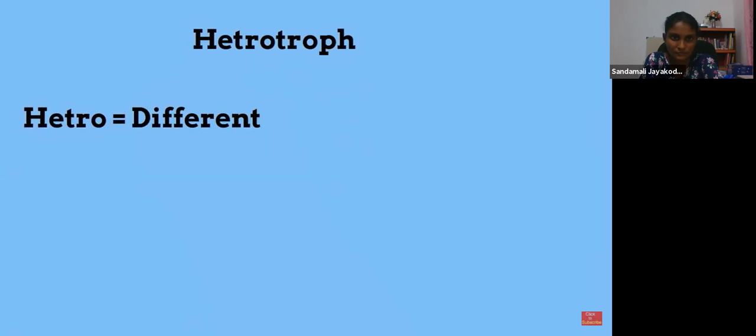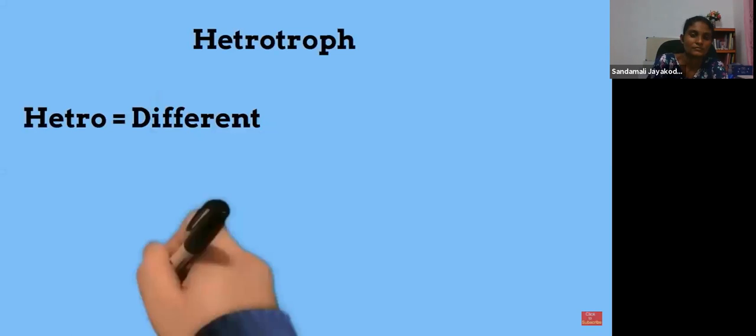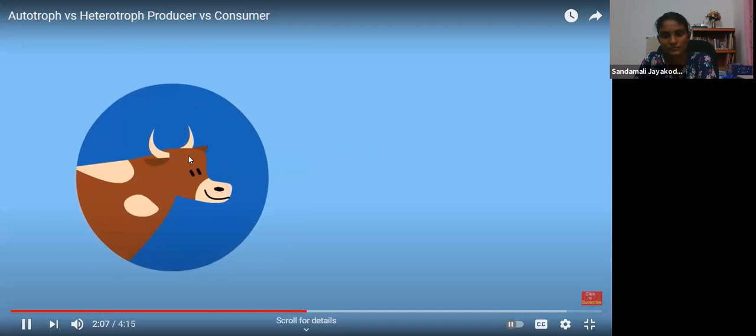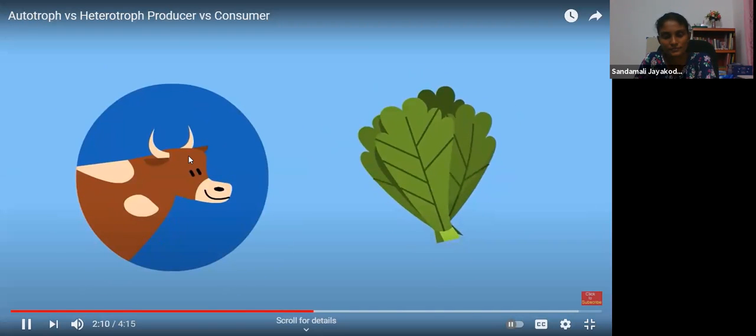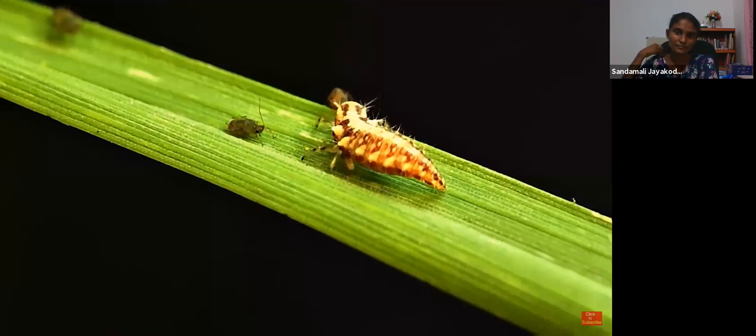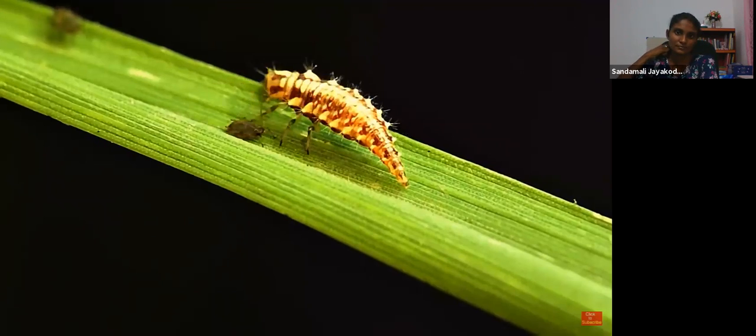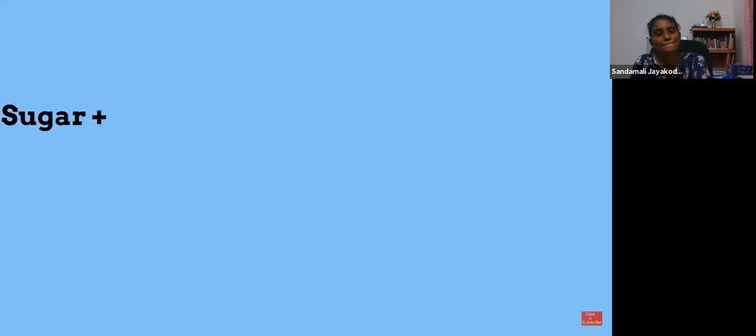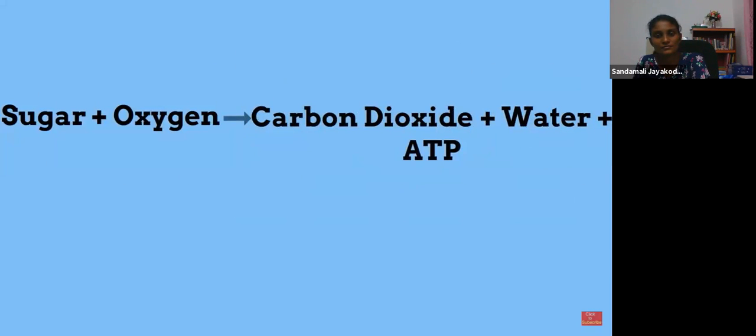A heterotroph comes from the Greek word meaning heteros, meaning another or different, and troph, meaning nutrition or nourishing. A heterotroph has to get their energy by eating other plants, animals, or by decomposing. They use sugar plus oxygen to produce carbon dioxide plus water and energy in the form of ATP.